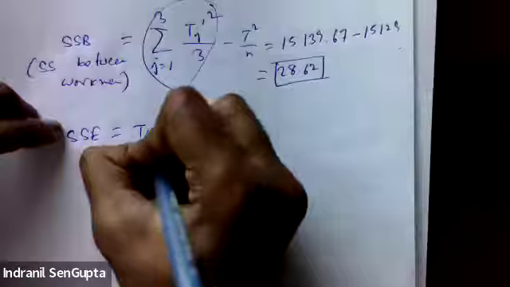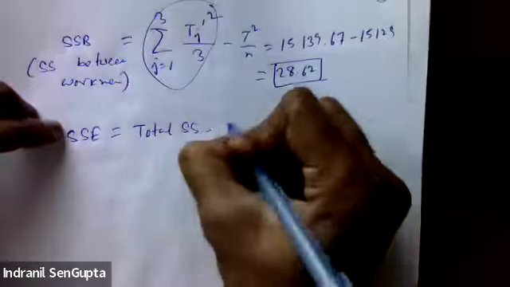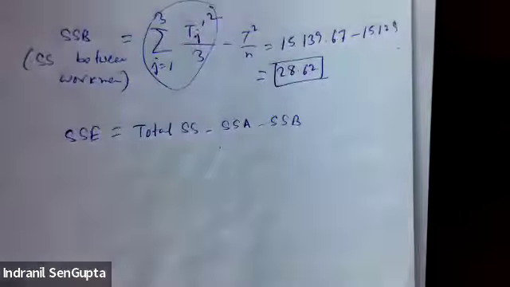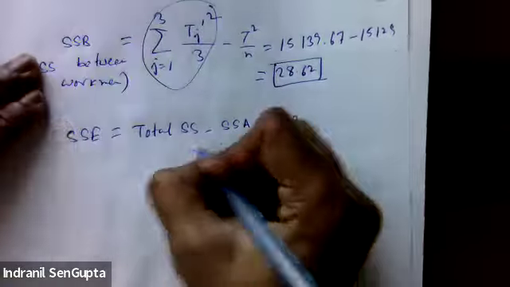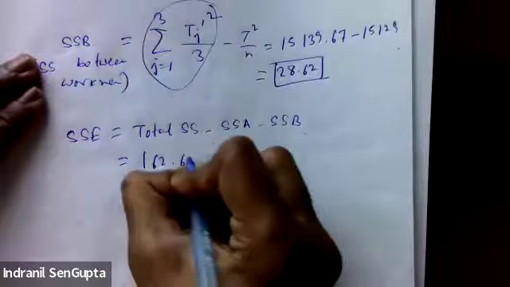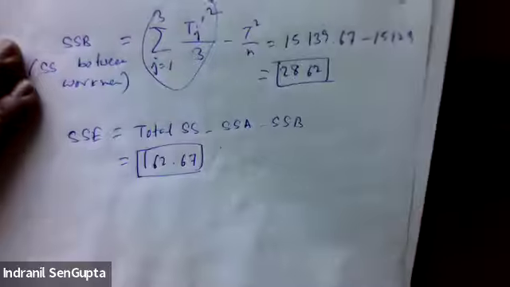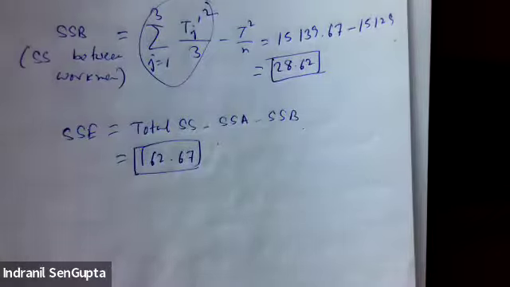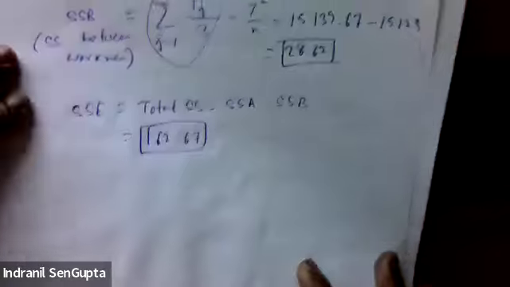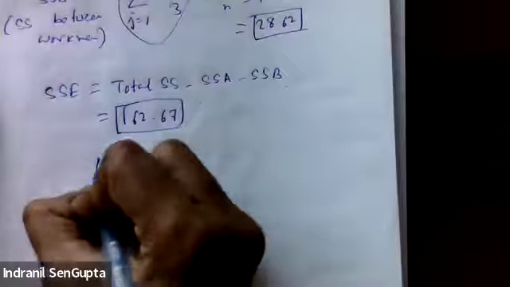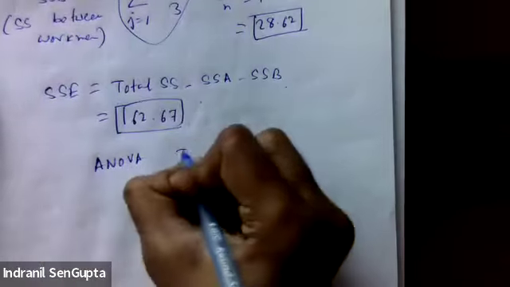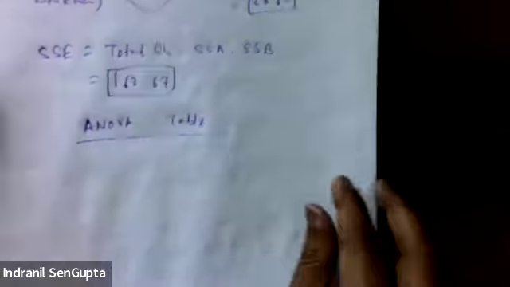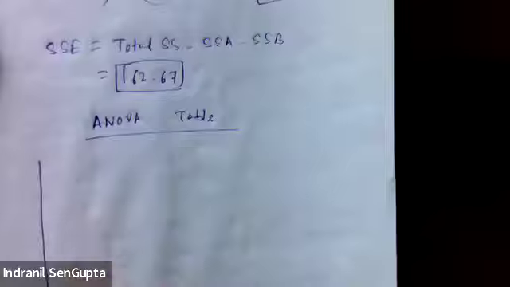It's total SS minus SSA minus SSB, which in our case is 162.67. So that is SSE. Okay, so we have all the numbers. Now let's put this in the table. The ANOVA table will have the following. So we have source of variation.